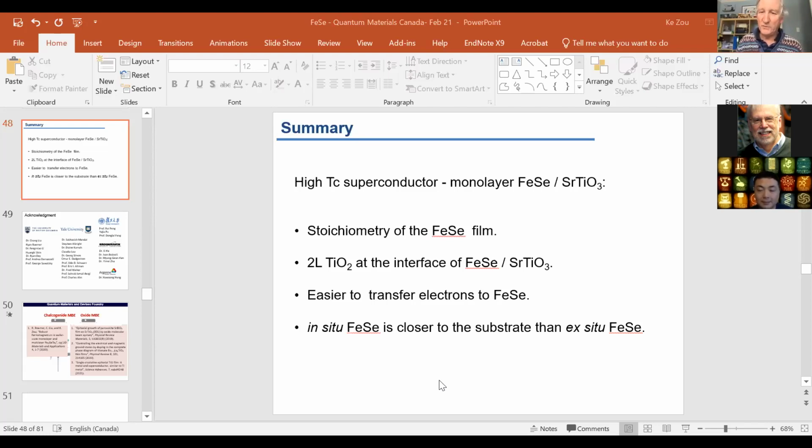So what is it about this 80 millivolt optical phonon that draws attention to the problem? Because there are lots of other optical phonons, and is there an argument that goes along with this?